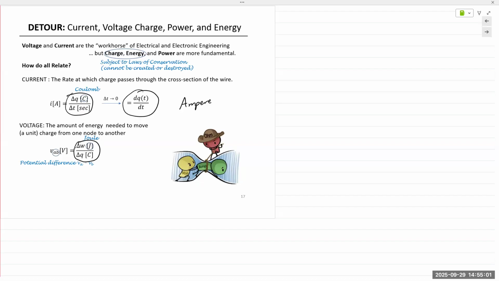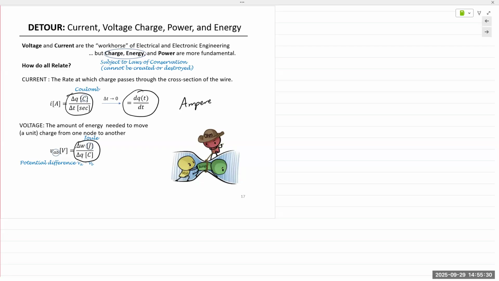Remember what I said. An electron can potentially acquire some energy. That energy could be in the form of thermal energy, could be the form of electrical energy, but it can acquire some energy. That energy to move one unit of charge is known as 1 volt or voltage. What is that lowercase w?